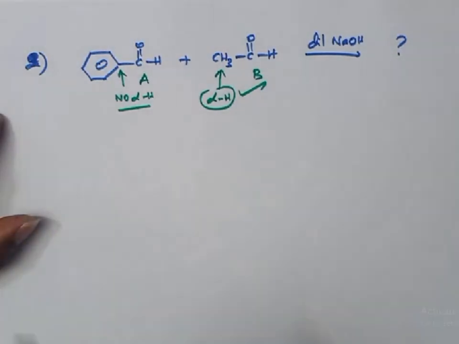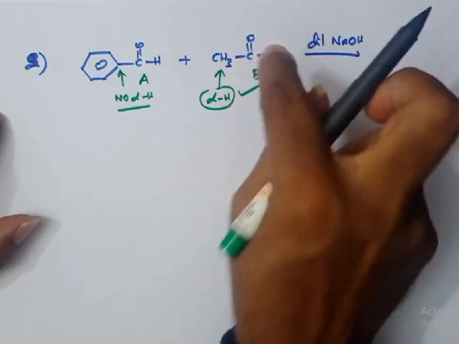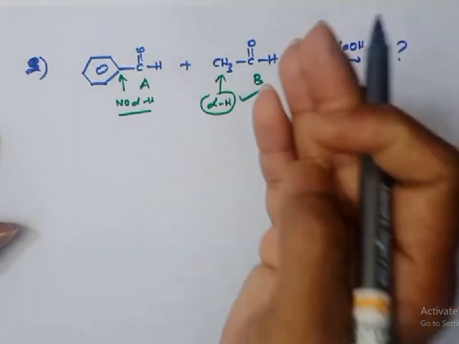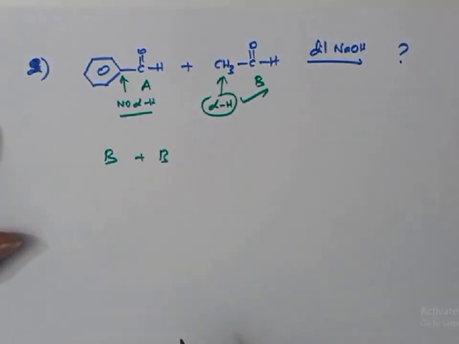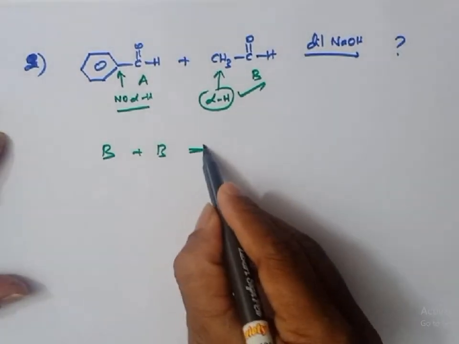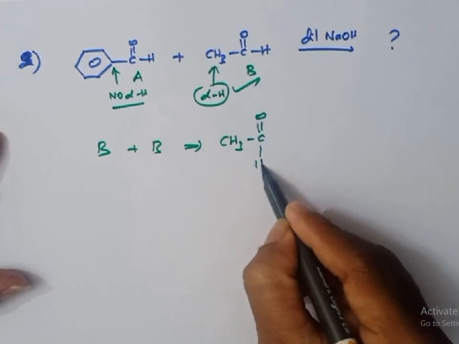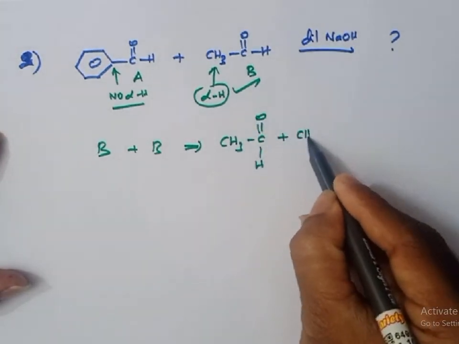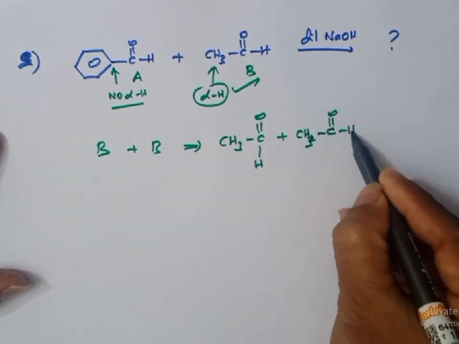Students, observe carefully. B can undergo the aldol reaction individually. That means B will react with B. This is one possibility. If B reacts with B, what do we get? CH3, C double bond O, I'll put H here. Then another molecule, CH3, C double bond OH, second molecule.